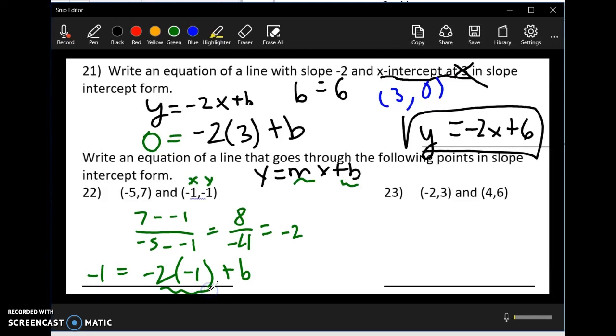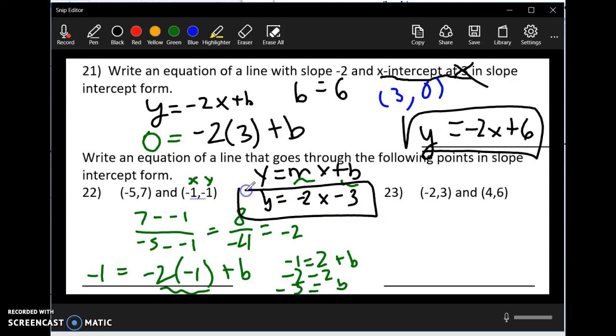We would multiply this out and get 2, so I'd have -1 equals 2 plus b. I'd subtract 2, so I get b is equal to -3. So for this one, my equation would be y equals -2x minus 3. Let me plug everything in. Okay, so that would be for problem number 22.